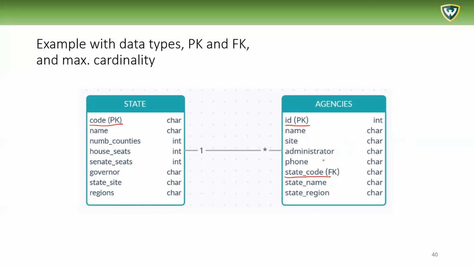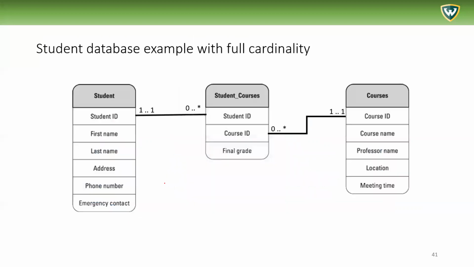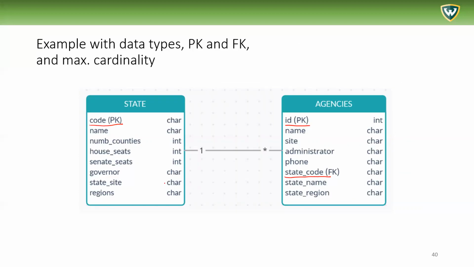And the rule is, it's actually a fairly straightforward rule that you should remember: we're always going to take the primary key from the one side. This is the one side, the state is one, and put it in the many side. So take the PK from the one side and place it in the many side.